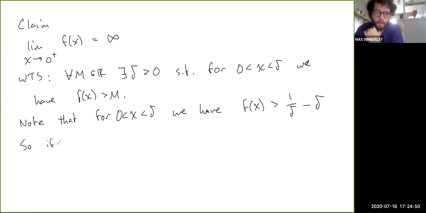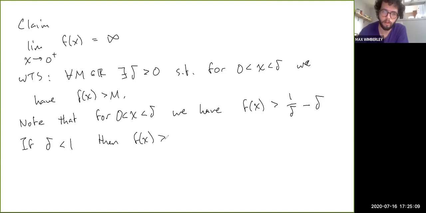Oh, and you can make it easier by saying, sorry, this is what I really meant to say: if delta is less than 1, then f of x is greater than 1 over delta minus 1.